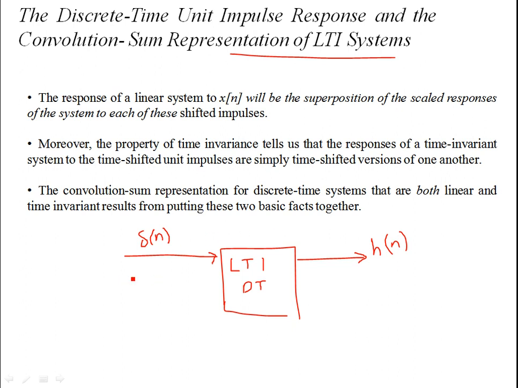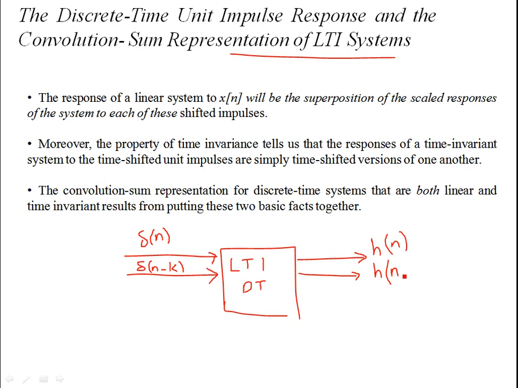Now what happens is that if I apply a shifted impulse, if I shift this by a positive integer, let's say k, then my output is supposed to be shifted by the same delay k, right?